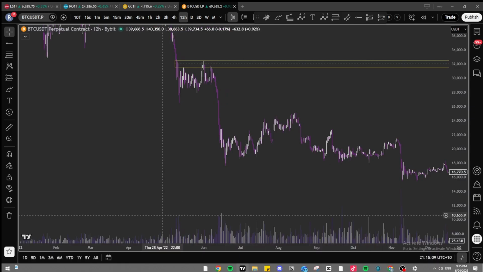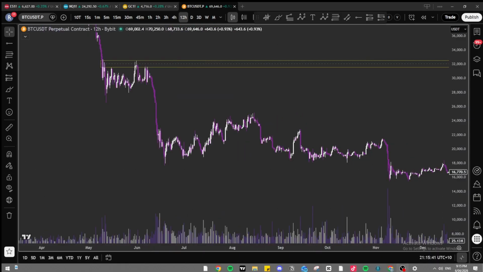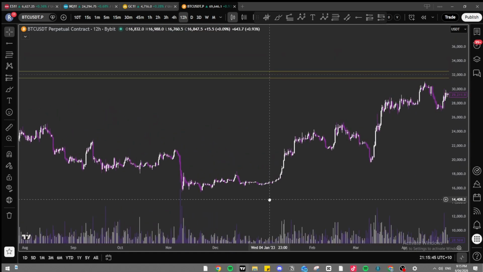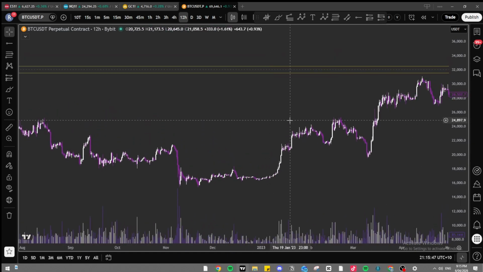Now the next thing I want to talk about is that a break of structure normally occurs, you normally get signs that structure is about to break before it actually breaks, right?